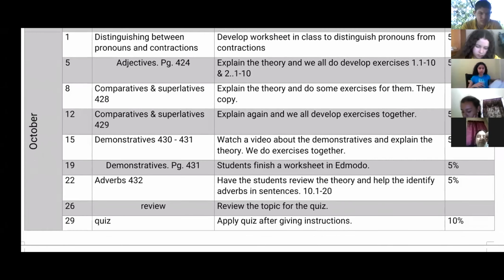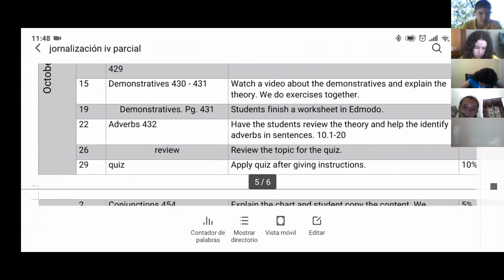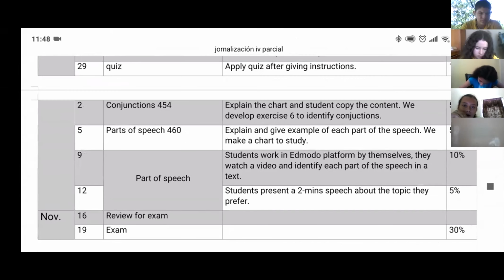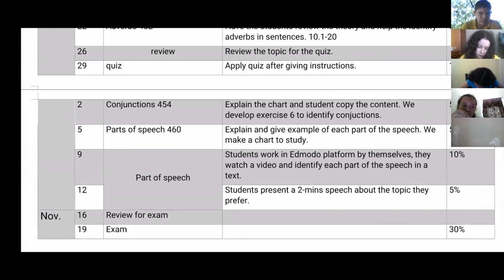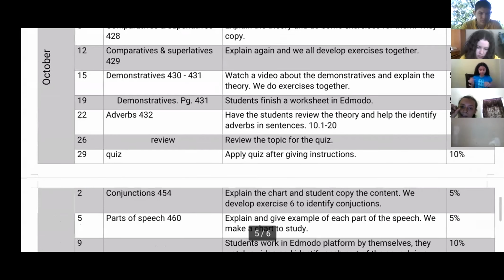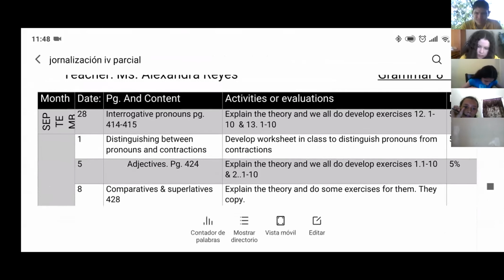Then I'm going to give you a review on October 26th, and then I'm going to apply the quiz. After, I am going to explain the chart and everything. I have all the activities here, and these are 100 points. So today, the ones that are attending the class are going to have those 5 points.